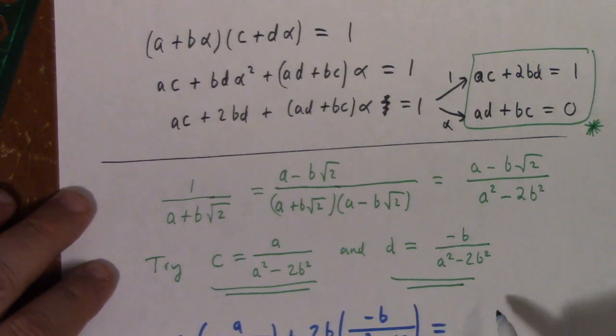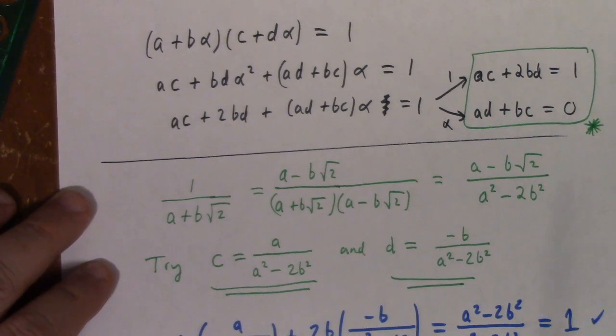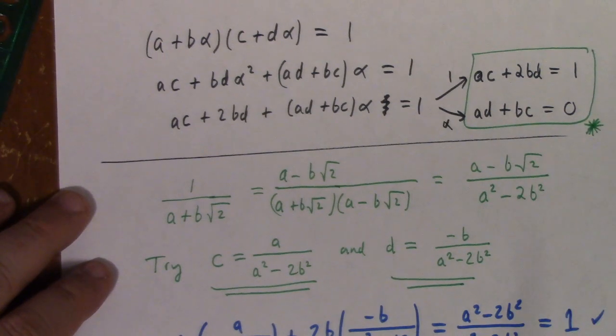So what's that give us? That gives us a squared minus 2b squared over a squared minus 2b squared, which is, lo and behold, equal to 1. Woohoo! And I guess it's actually fairly apparent that the other equation works as well.